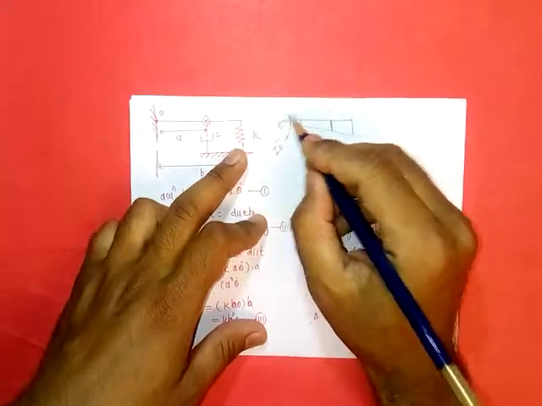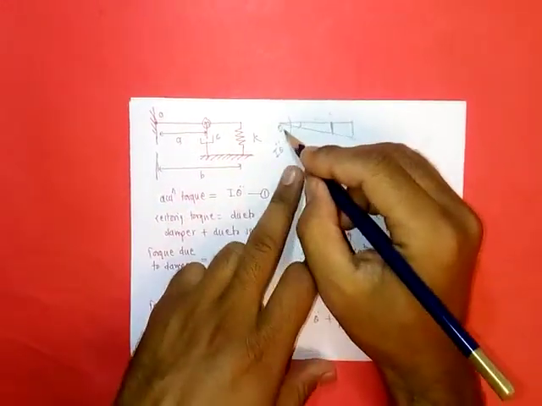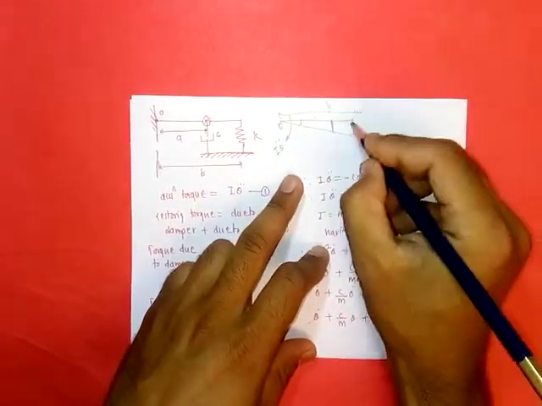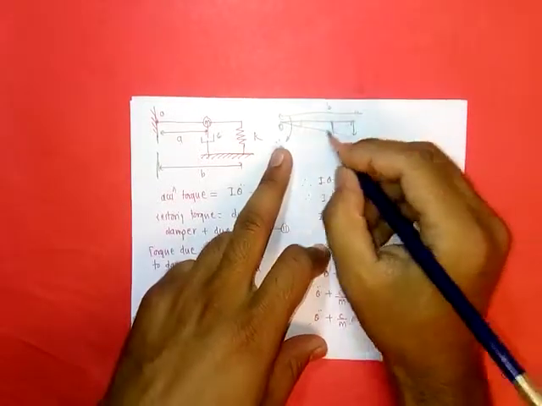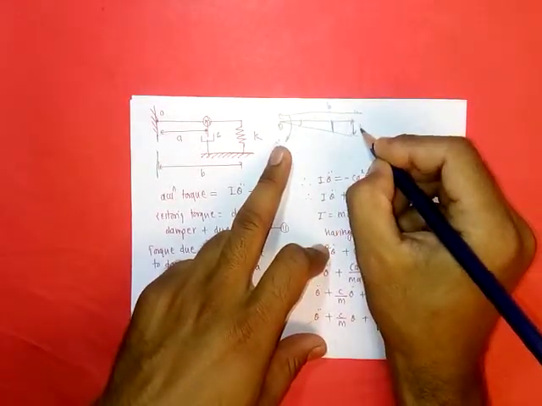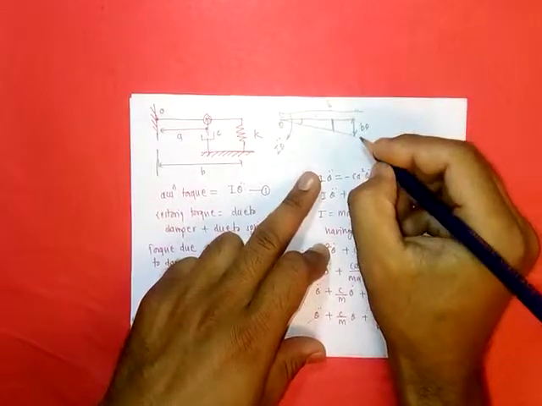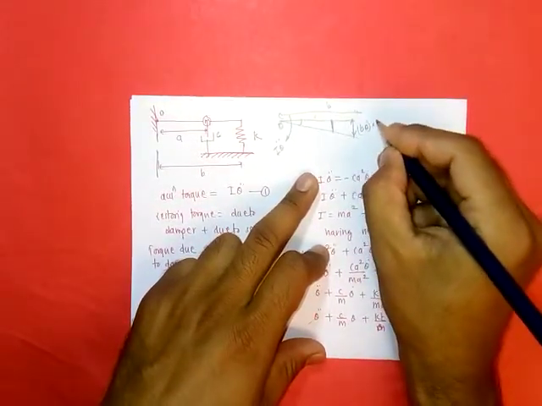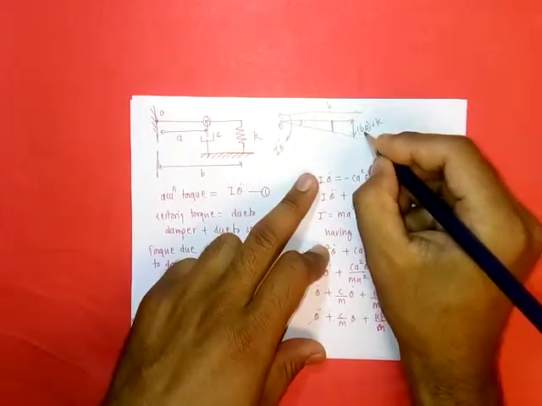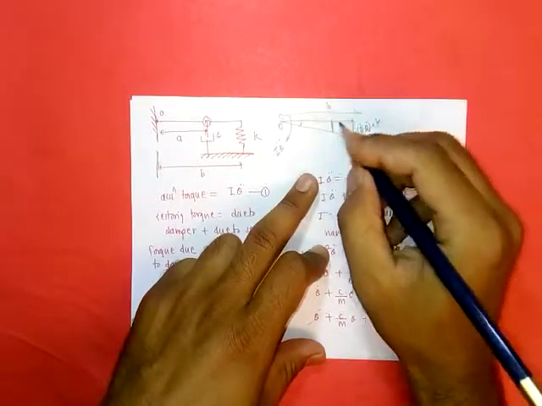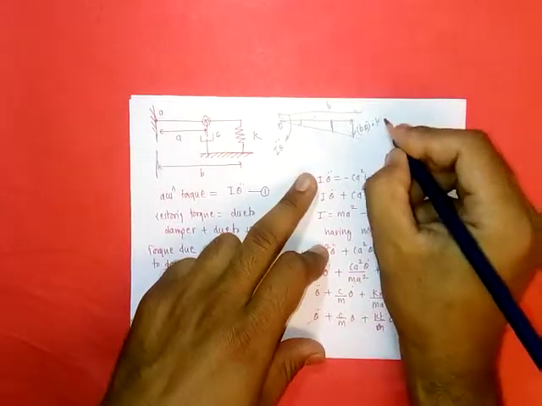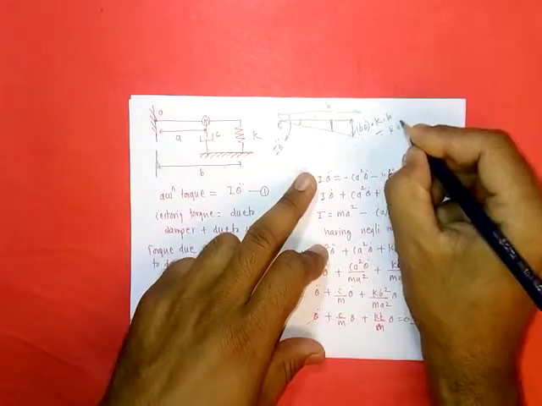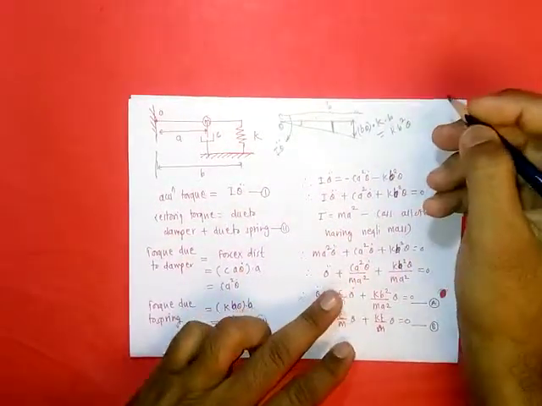In case of the spring, it is at a distance B, so this deformation is equal to B into theta, and the spring force due to this deformation will be kB theta, and as it is at a distance b, the resisting torque will be kb square theta.